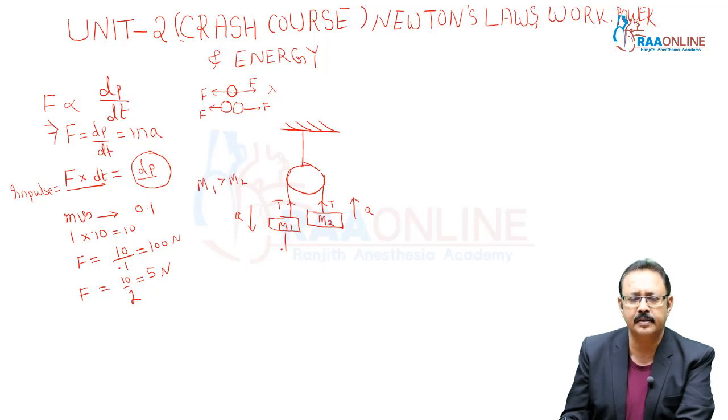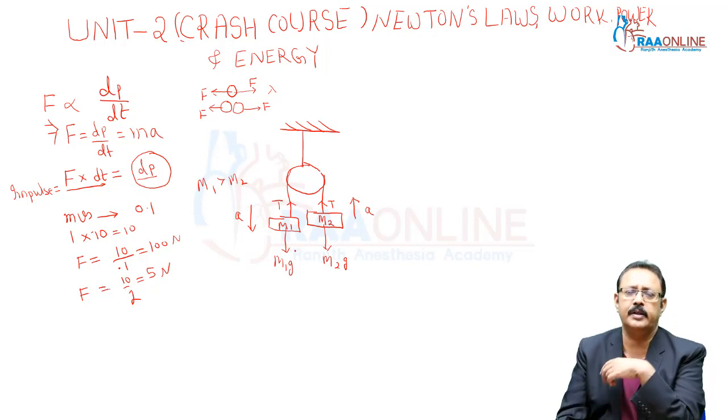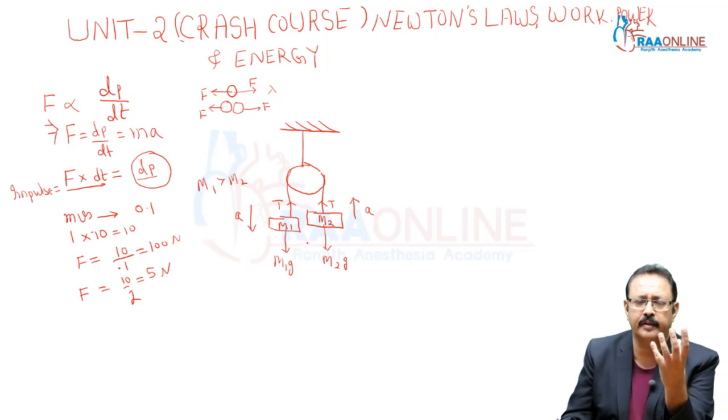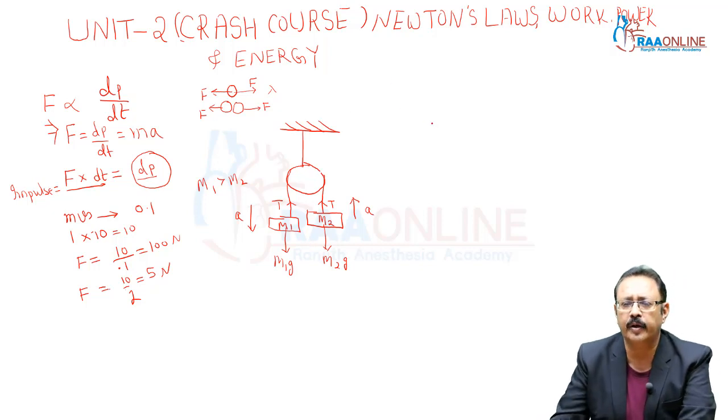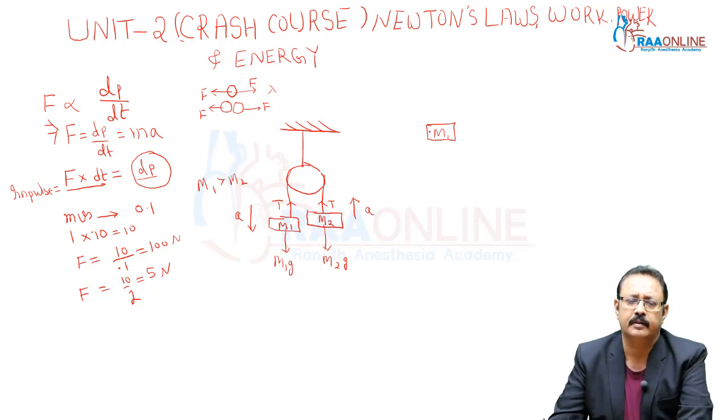Weight of this mass is acting downward. Again, weight of this mass is acting downward. Make a free body diagram, meaning only the things you require. So I am talking about this mass m1. How many forces are acting on this?